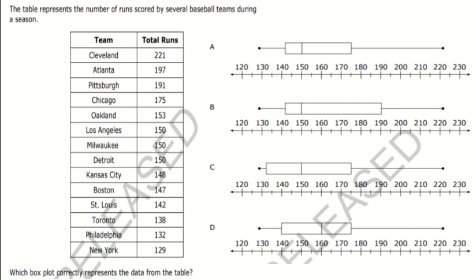All right, this one is probably too tiny for you to see from your seats, so I'll just go ahead and do this one, okay? We have the teams already listed in order. We have to tell which box and whisker plot goes with it. So if we count the teams, we got 2, 4, 6, 8, 10, 12, 14 teams.